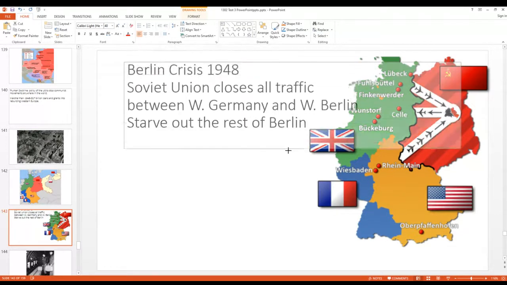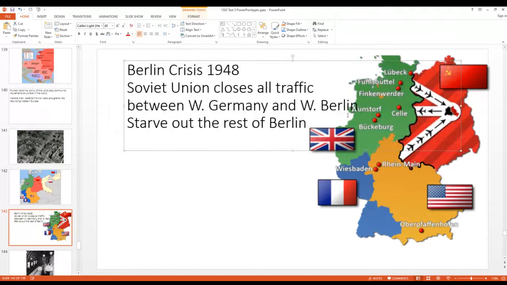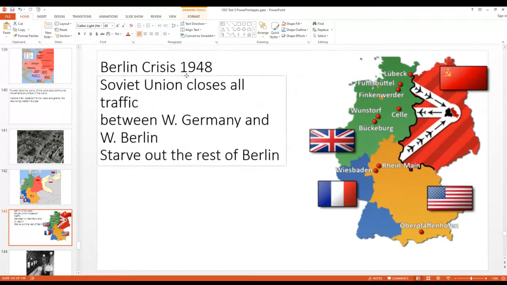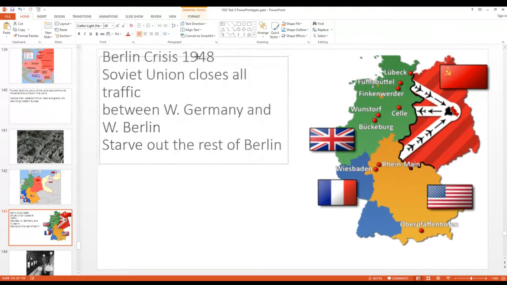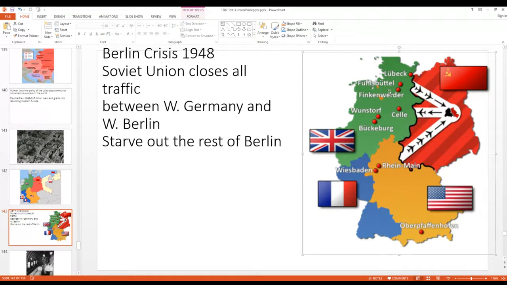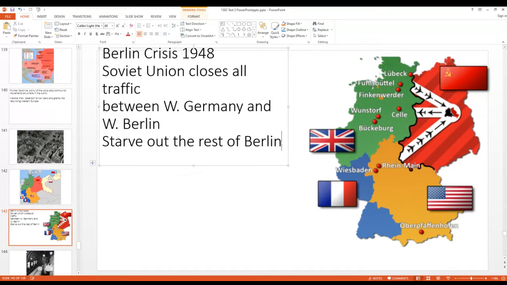And eventually the rest of Berlin will hopefully fall into Stalin's hands. There's about 2 million people in Western Berlin, these 3 zones.